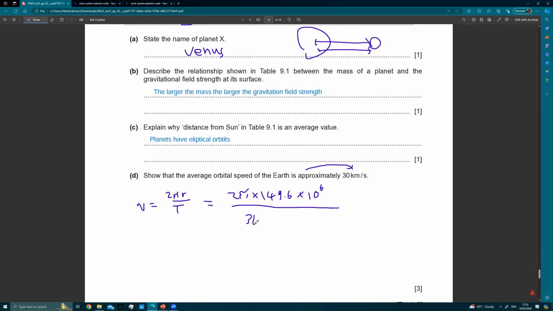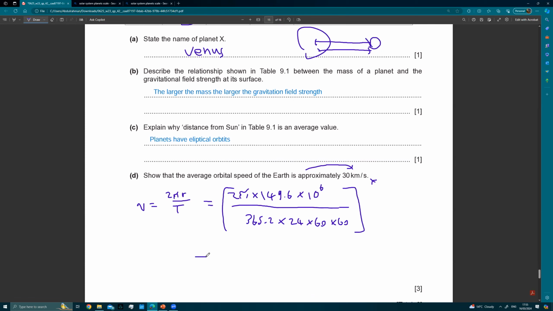So 365.2 days, but I want it in seconds because it wants the speed in kilometers per second. To go from days to seconds, I know there's 24 hours in a day, 60 minutes in an hour, and 60 seconds in a minute. So times by 24, times by 60, times by 60.